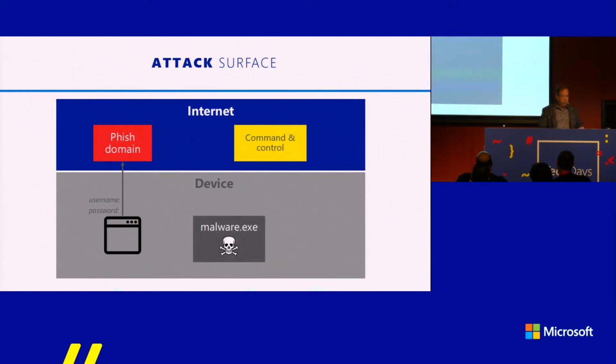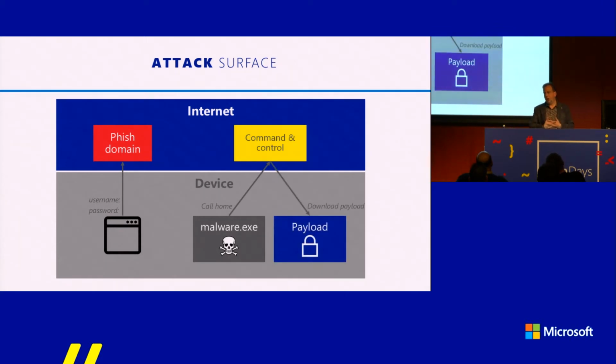Now, more and more, what we're seeing is malware that does not want to stay resident on the device. You don't want to have it there and available for inspection by your antivirus systems and other heuristics. It wants to stay in memory. So a very common pattern is for that malware to reach out to a command and control server and download the actual malicious software and only have it exist in memory.